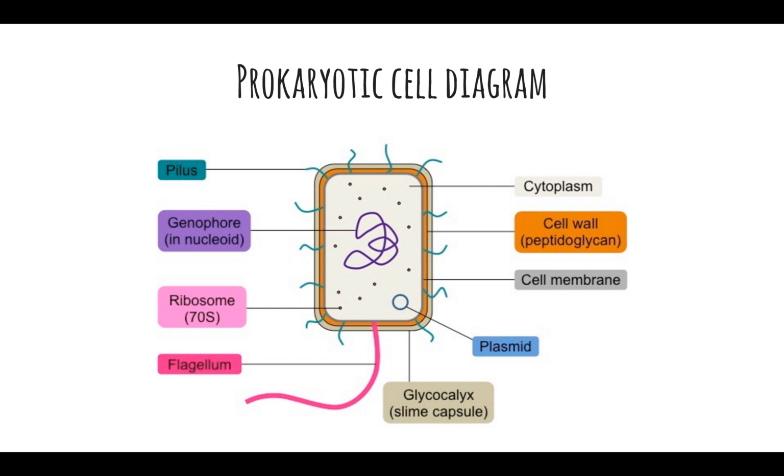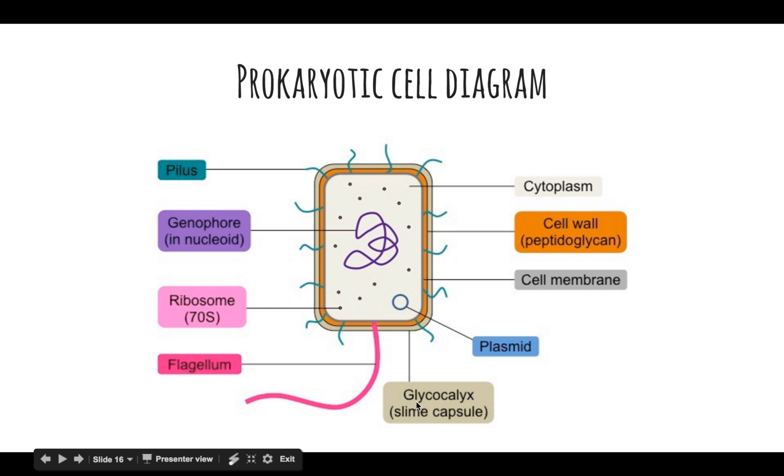All you need to do is make sure that you label correctly each of the organelles of the cell, and draw them in a way that you can distinguish them. So you must remember the pili, the cytoplasm, the cell wall. There are multiple layers. There's the cell membrane, that's the gray area. Then there's the cell wall. Then there's the slime capsule. You must remember the plasmid, which is just a circle.